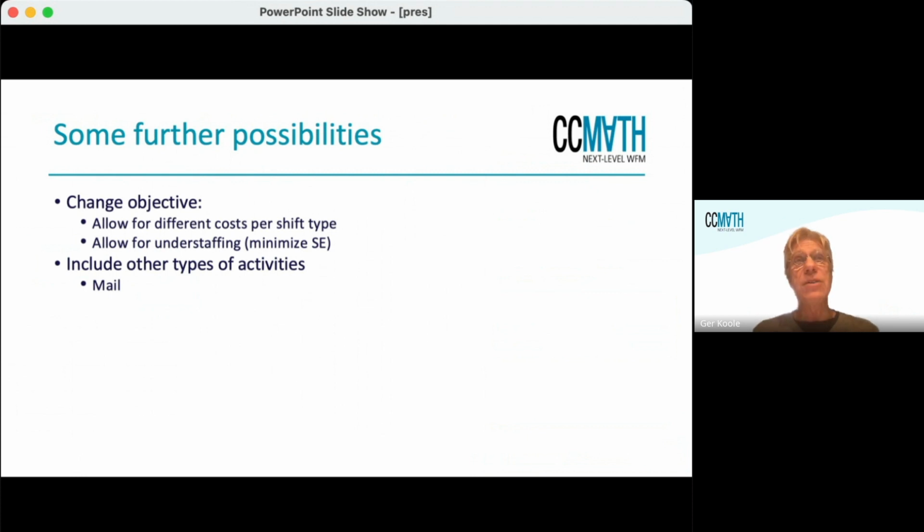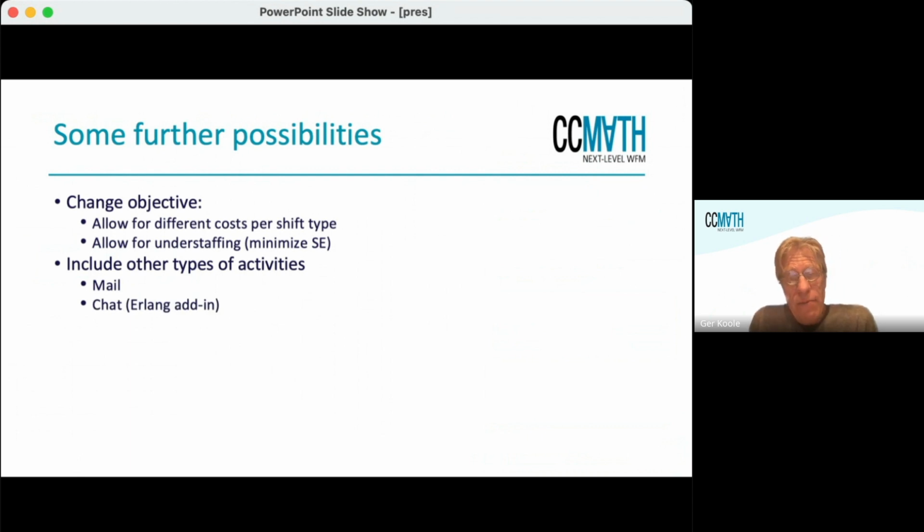If you have to handle mail during the day, and your agents can also handle these mails, the same agents, and your mail will have to be answered in 4, perhaps 8 hours, then of course you can schedule this mail at the moment that you don't need the agents for the inbound, but they are scheduled due to the inflexibility of the shifts. So that's also a way to avoid this low shift efficiency. That can really help here.